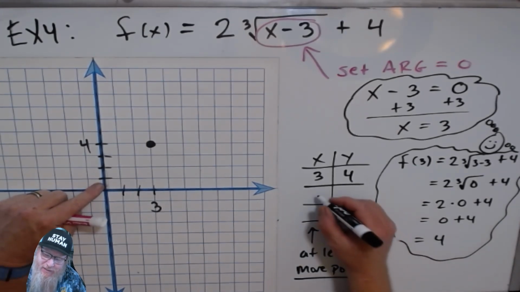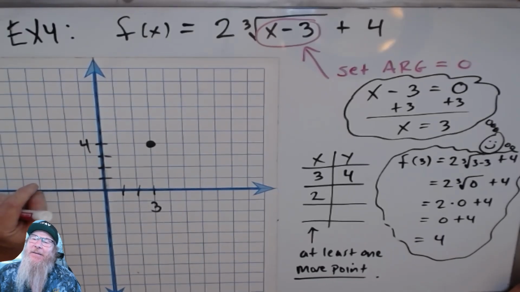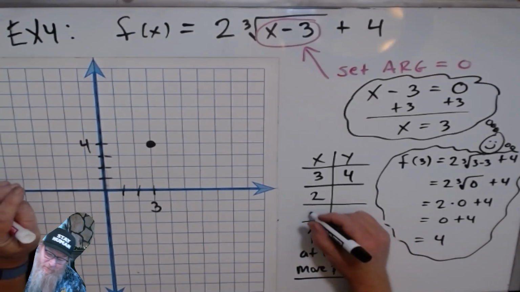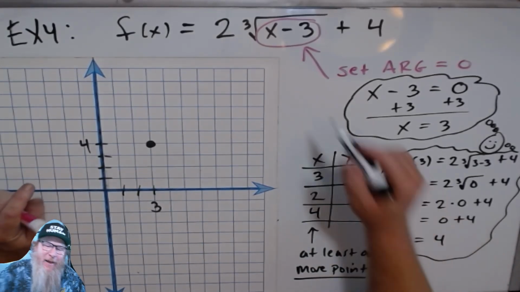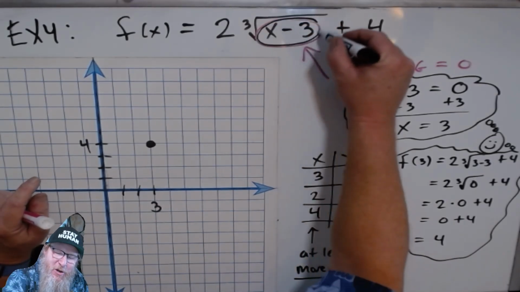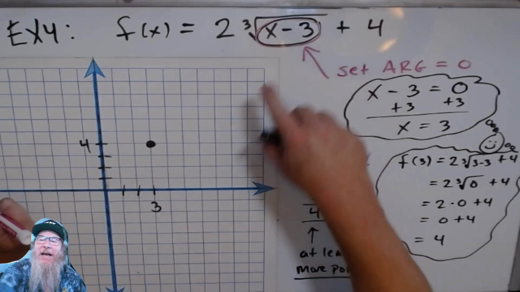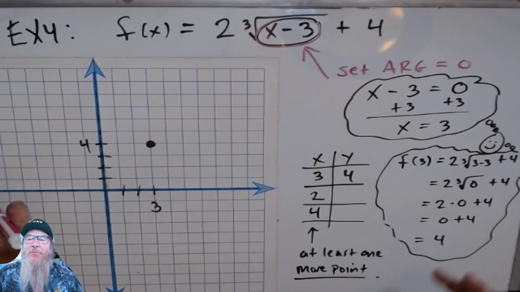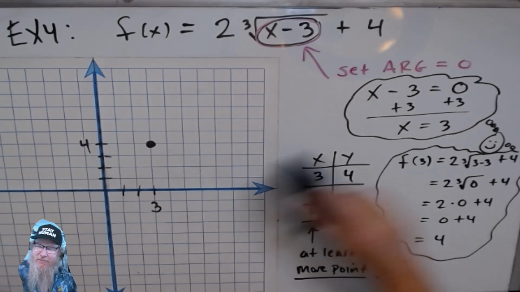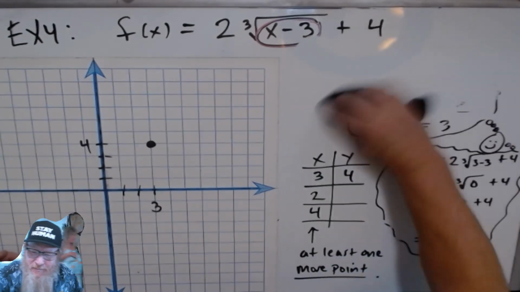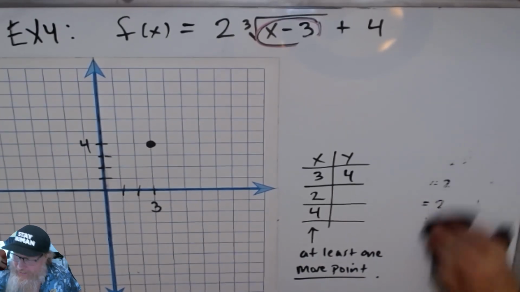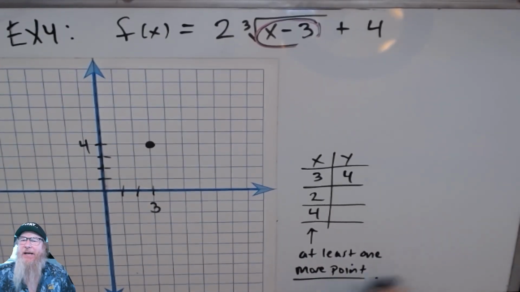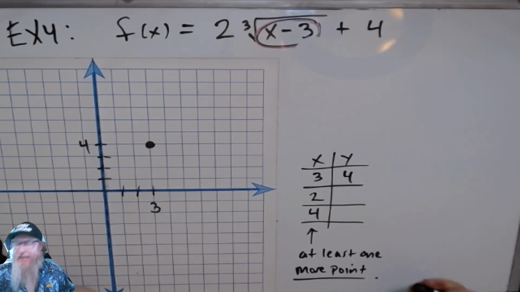So let's just pick 2, yeah, or 4, right? In other words, pick a number that you know is going to give you a reasonable, non-decimal value. It is your choice. I mean, if you want to pick 0, I can't stop you from doing that.